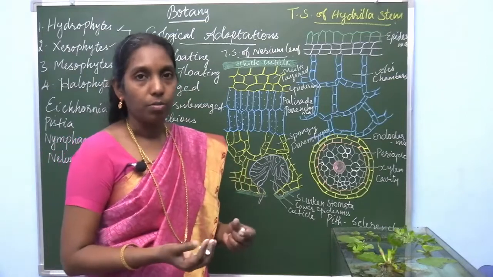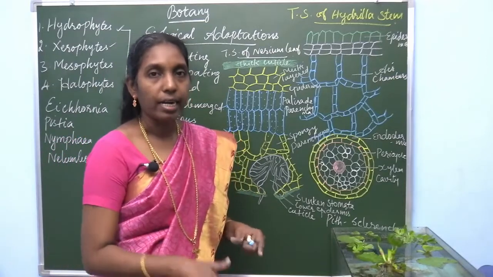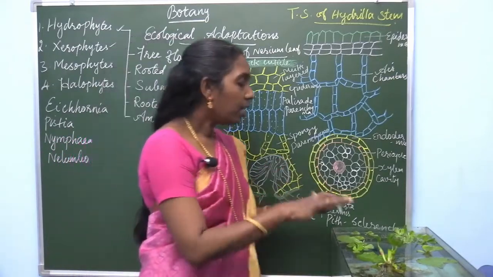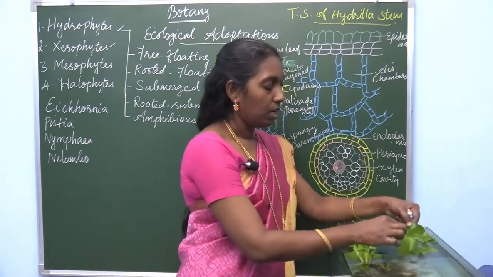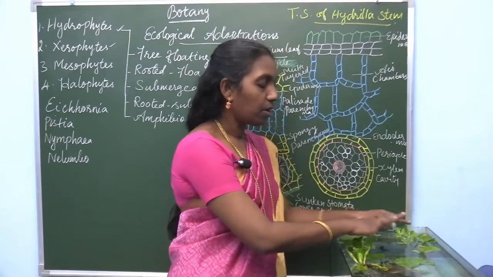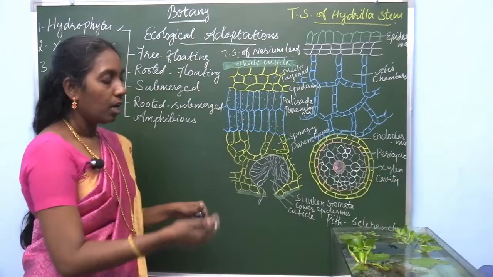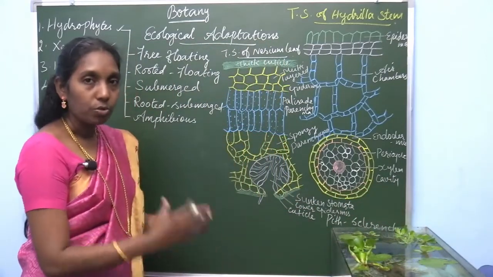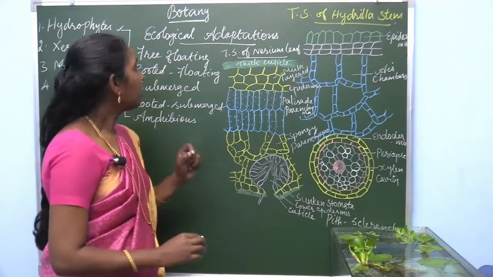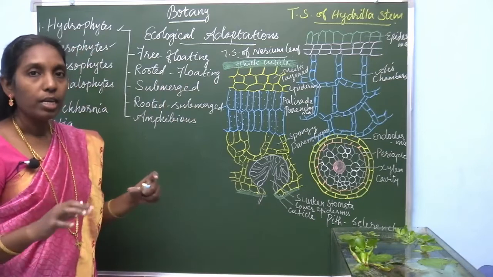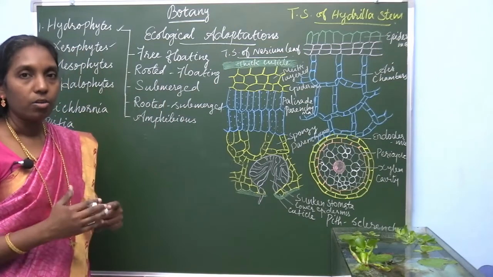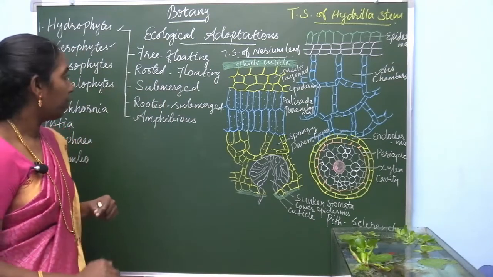The rhizome or the basal part is attached with the mud, and the leaves and the flowers float on the surface of water. Such kinds of organisms are called rooted floating hydrophytes.